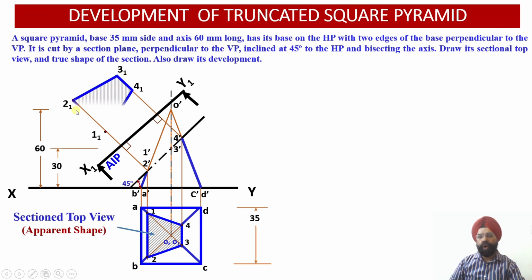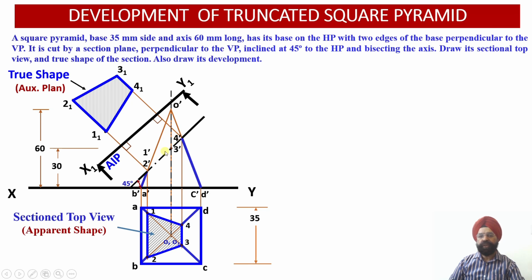Once all these 4 POIs have been obtained in the auxiliary plan view, we can carry out the shading, and we can join these edges corresponding to the section surface. Once the section surface edges are joined, this view, that is the auxiliary plan view, will provide us with the true shape of the cut section.